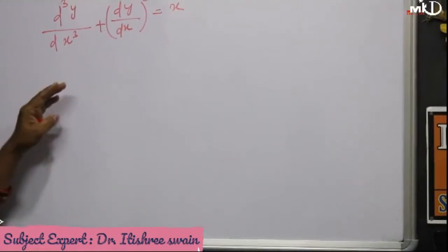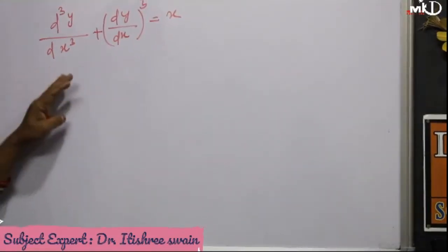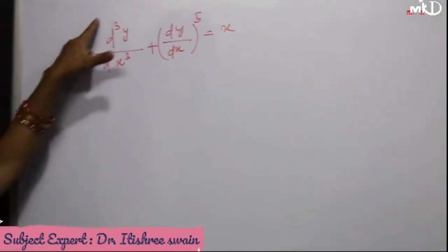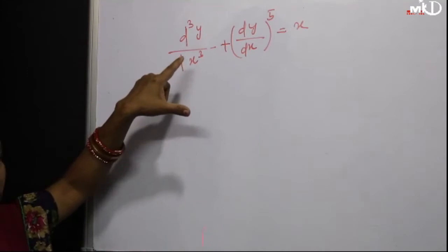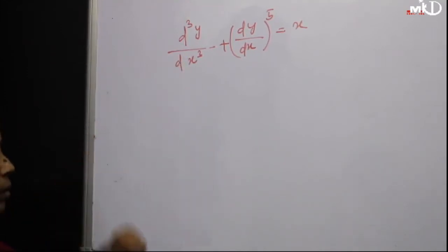We find the order and degree in the same way. Now friends, you see which is the highest order differential coefficient. This is the highest order differential coefficient, and what is its order? Its order is 3.